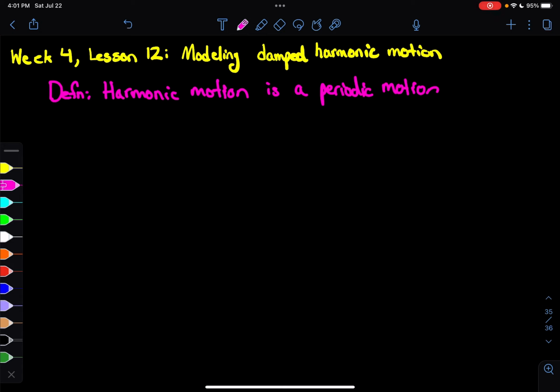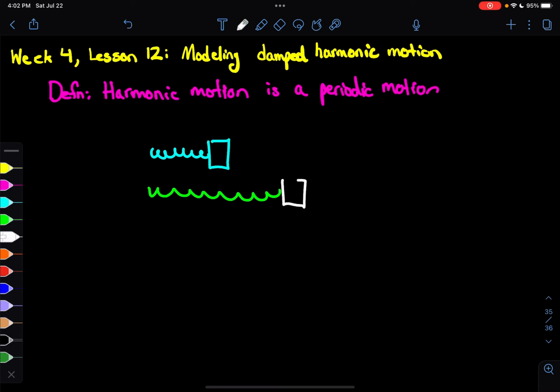Okay, harmonic motion is a periodic motion, and maybe the best way to describe this is to think of a spring. If I have a spring attached to a box and I pull the spring all the way out, this is harmonic motion because the amount of force being exerted on the box by the spring, the force pulling against you as you stretch the spring out, increases in some fashion due to how far you've pulled it out.